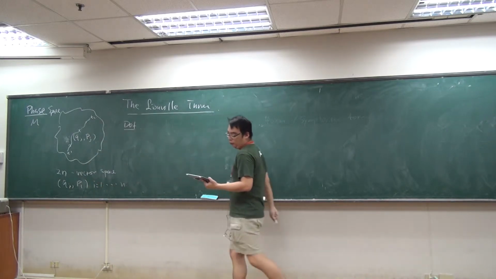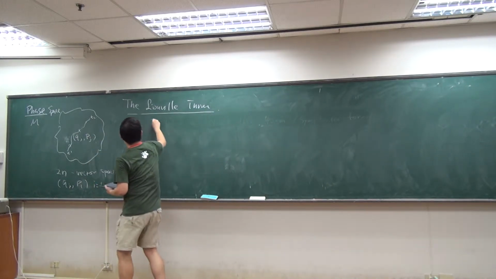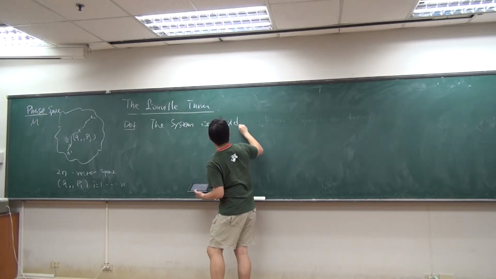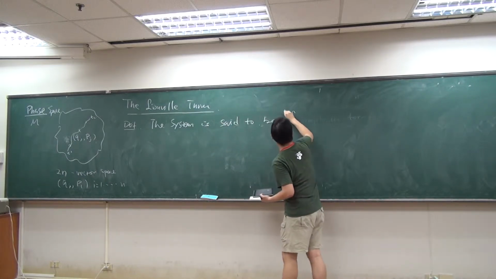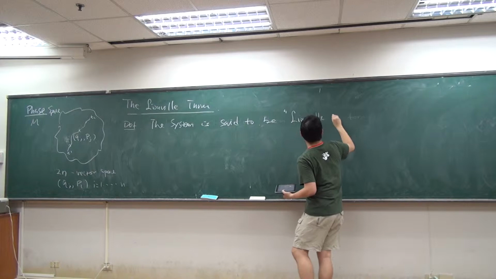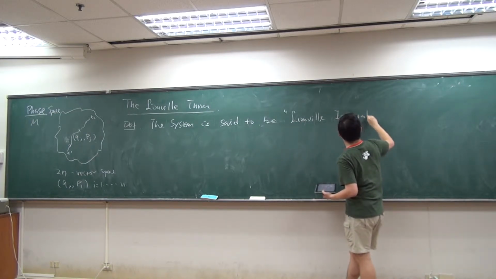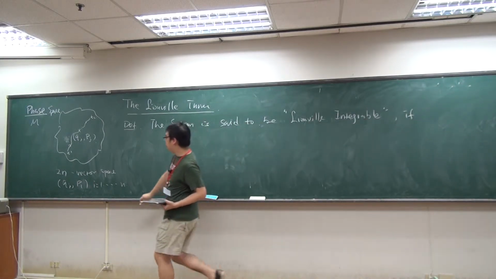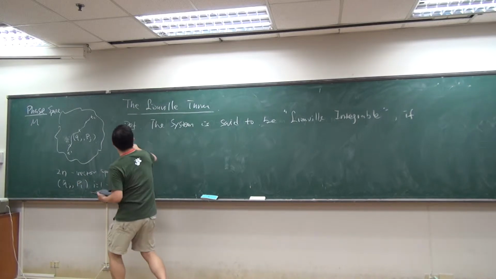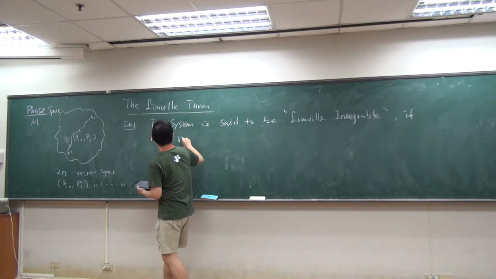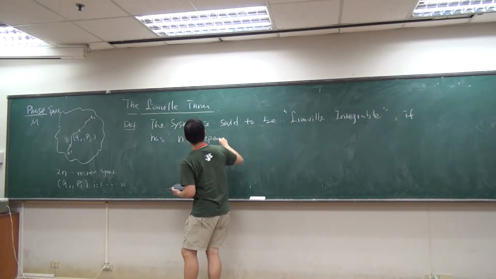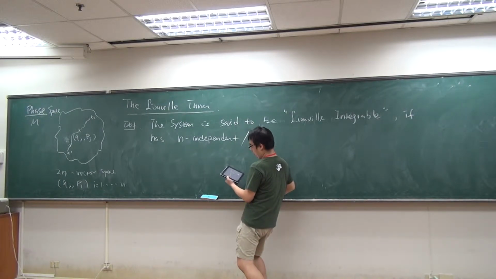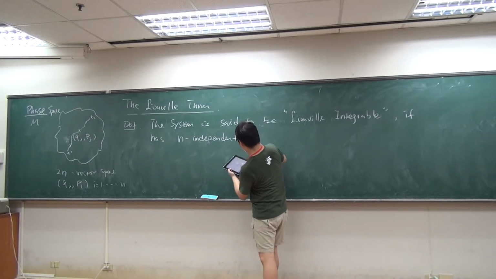The system is said to be Liouville integrable if, for a system carrying n degrees of freedom, it has an independent and commuting... well, let me just write it step by step.